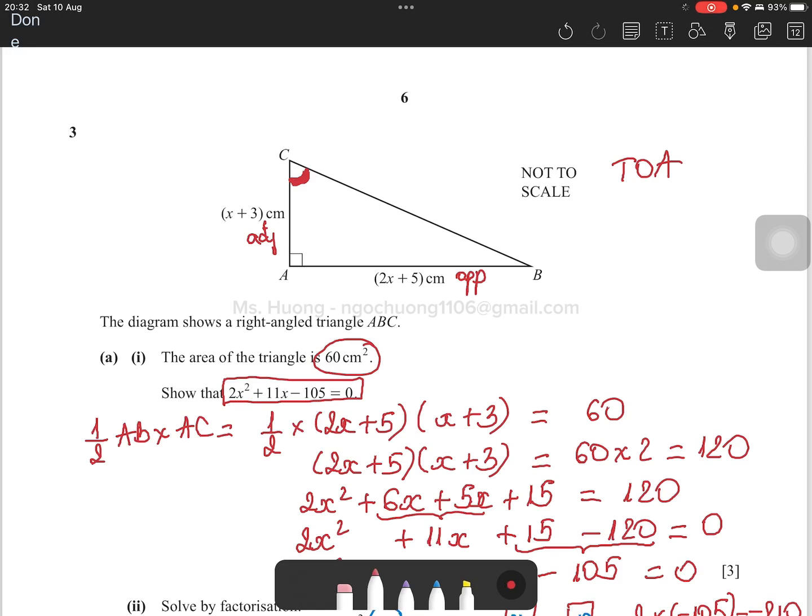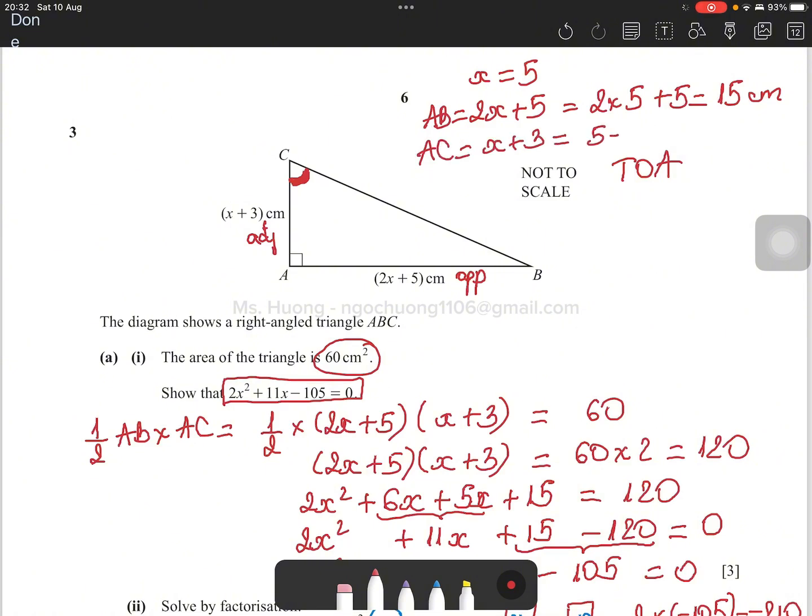If x equals 5, then AB, which is 2x plus 5, equals 2 times 5 plus 5, which is 15 centimeters. And AC is equal to x plus 3, which is 5 plus 3 equals 8 centimeters.